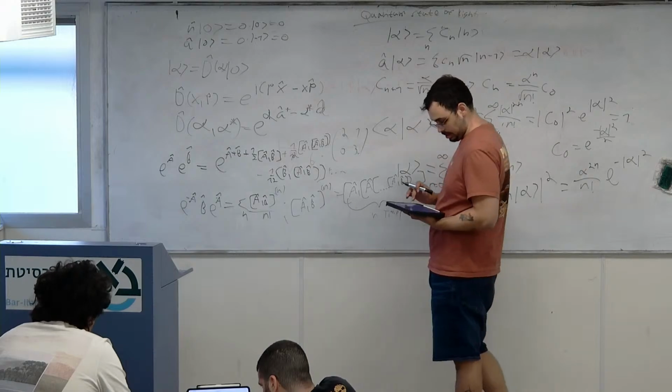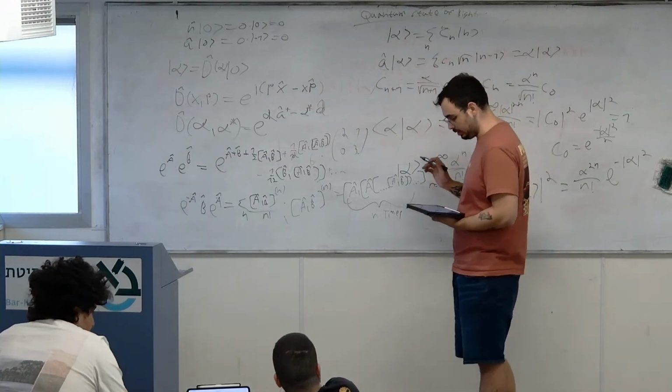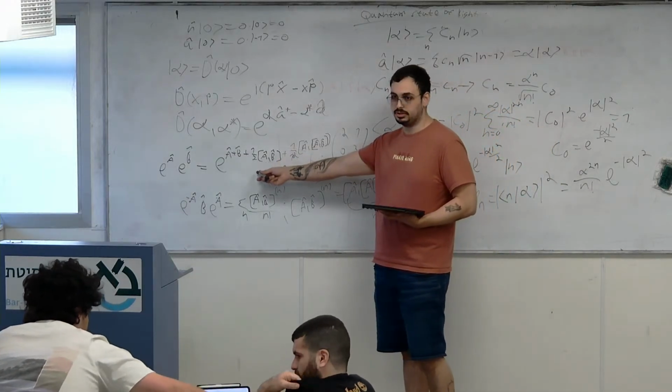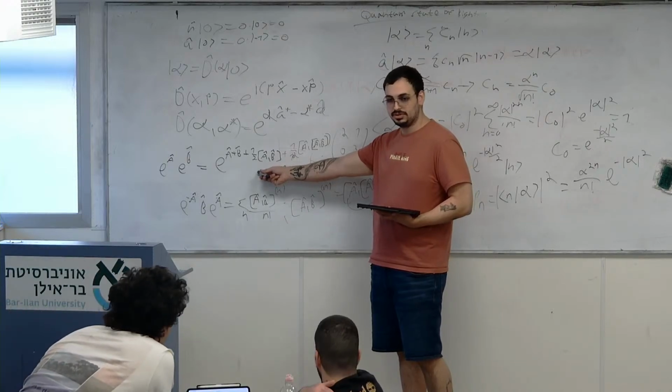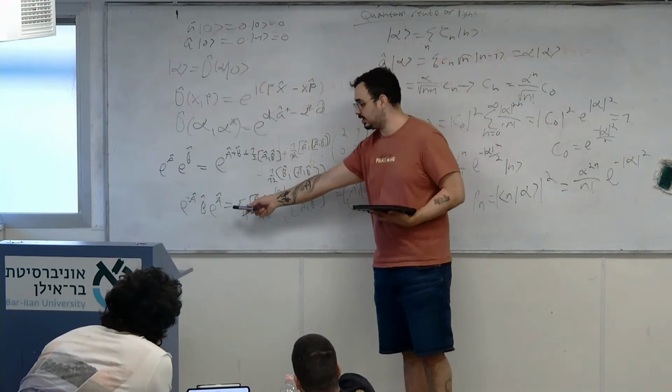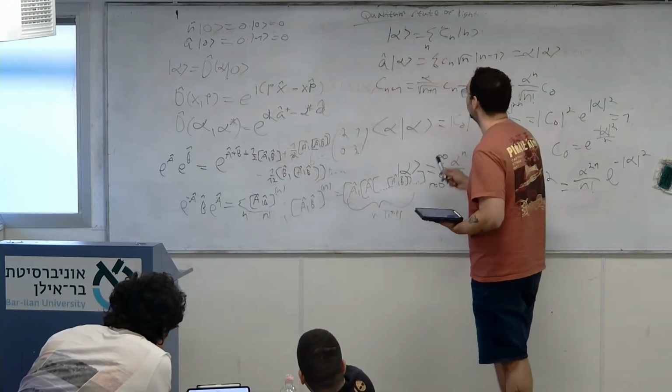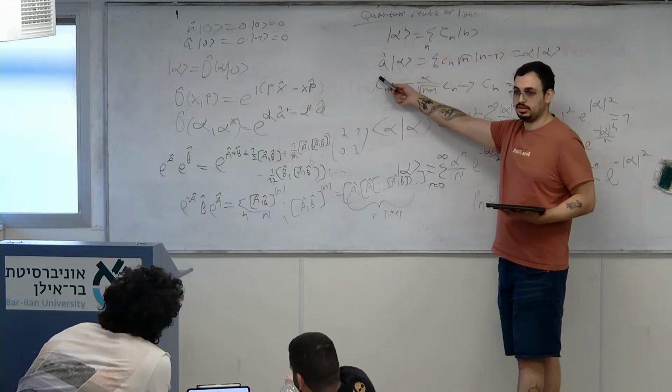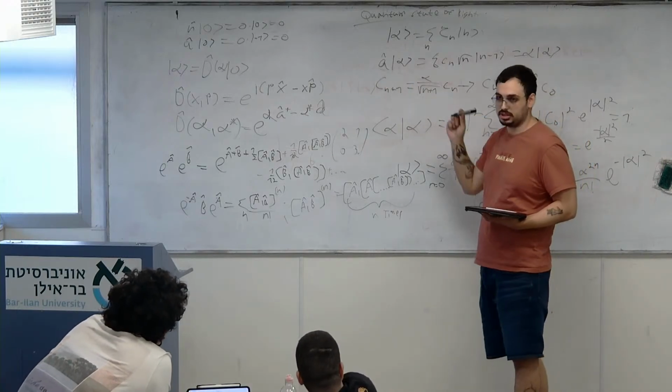Right? So we'll use the first relation to prove this one, and we'll use the second relation to show how we can do the same thing by changing the annihilation operator.